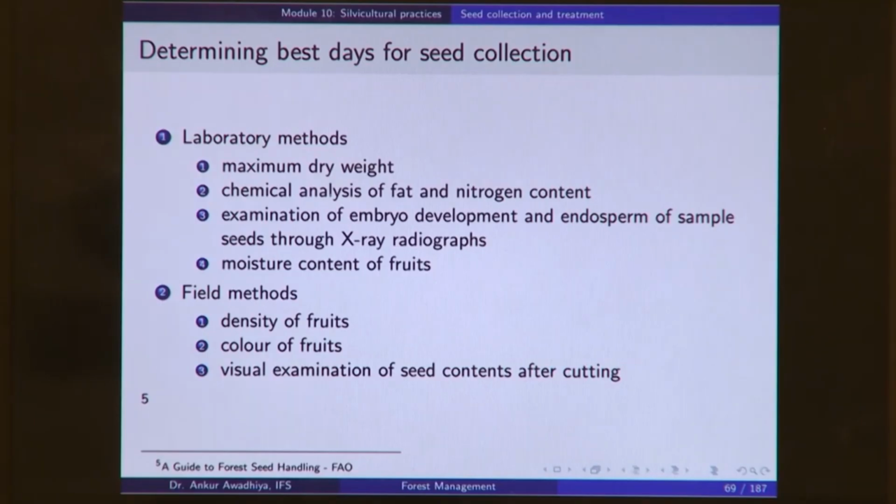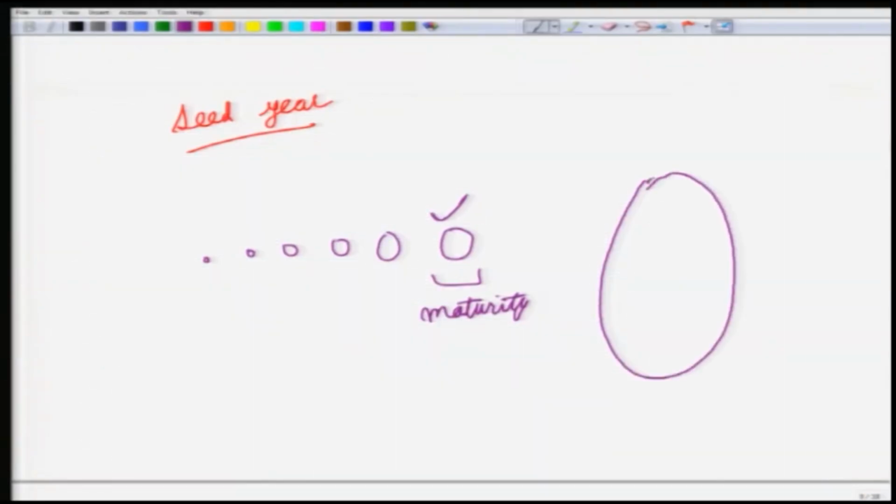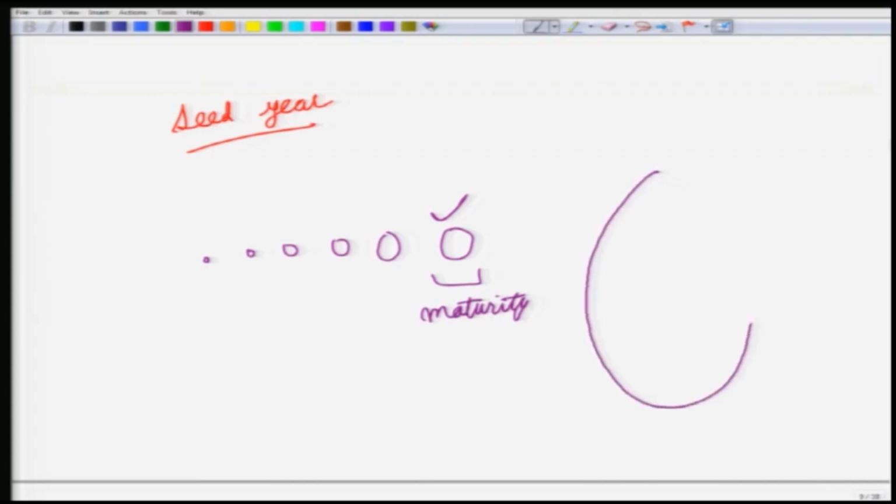So, in this case what we do is we take the seeds, we soak them in barium chloride solution. So, the barium chloride is able to reach inside the seed, especially in the non-living areas, and in those areas where you have the living tissue, the barium chloride is excluded. So, if you consider a seed, suppose this is the seed and you have these cotyledons.